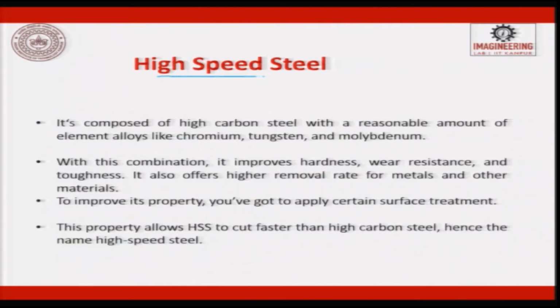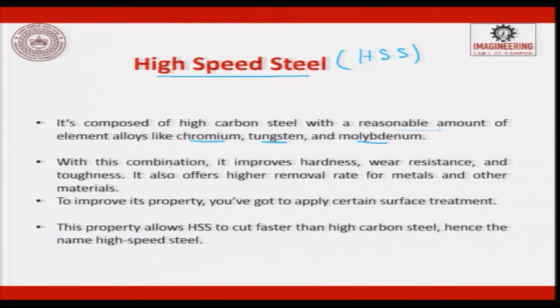When we talk about high speed steel, the name high speed came from ancient times. So, we still keep continuing the same. So, this is high speed steel. It is composed of high carbon steel with a reasonable amount of elements like chromium, tungsten and molybdenum. They give the hardness, and the cobalt which is present there gives you the toughness.